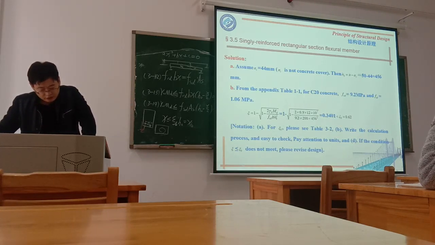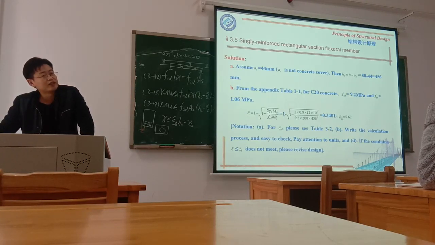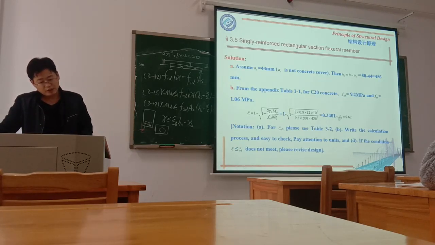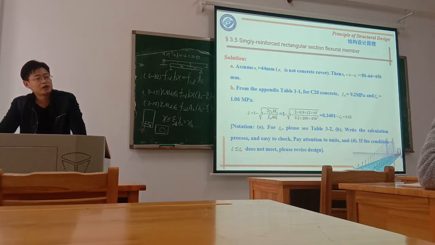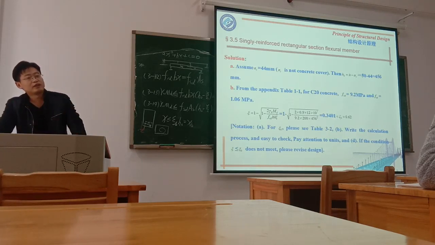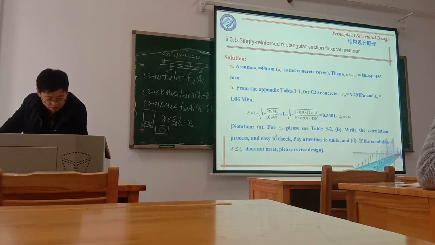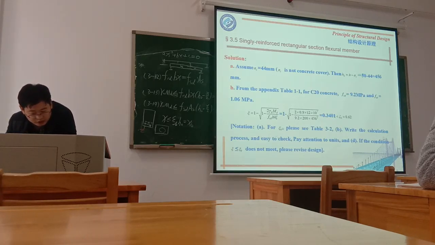Once you get this C, actually CB is the boundary condition. You can find that in the code. Now C is the real situation, real design, and you compare it with the boundary condition. If it is smaller than this one, that means it meets the requirement. It's not over-reinforcement. So for this CB, we should make sure C is smaller than CB.